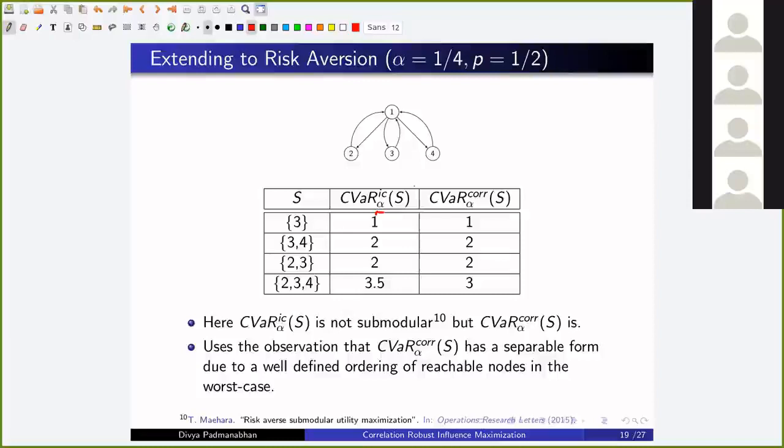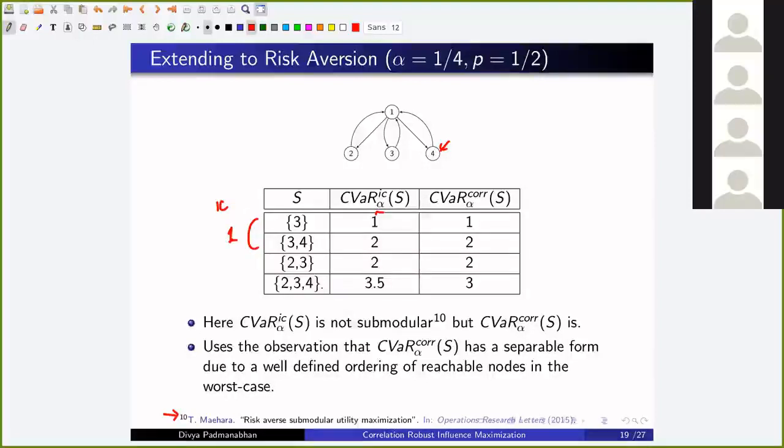But there is this example here for this graph. This is from this paper by Mehara, where they've also studied the CBAR objective in influence maximization. Here, if you take this node 4 and try to bring it to the set 3, the improvement is this value, 1, for the independent cascade.